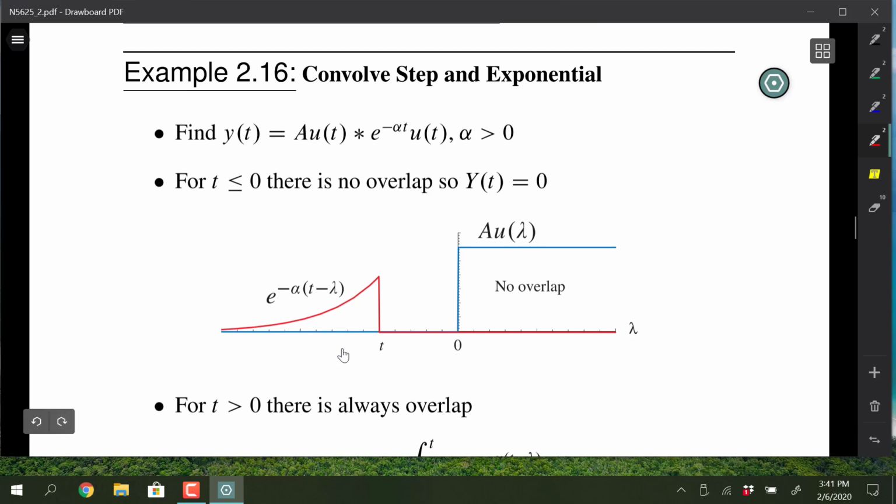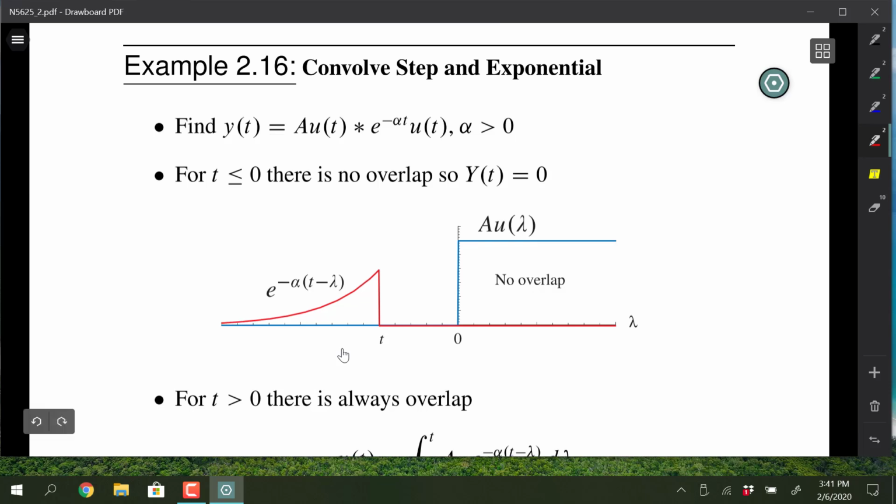I thought, though, I would at least walk through this one convolution example, and there's a couple of them here in the notes. So this is convolving a unit step function with an exponential.